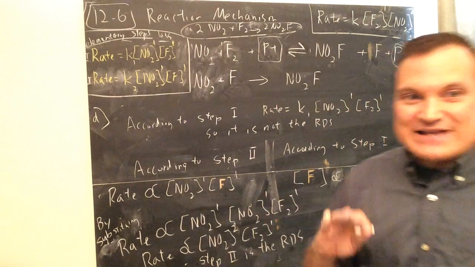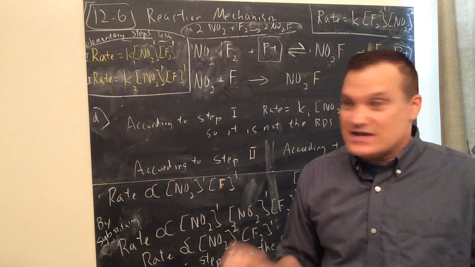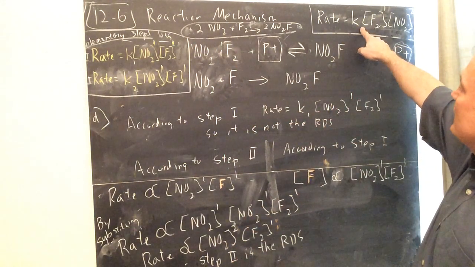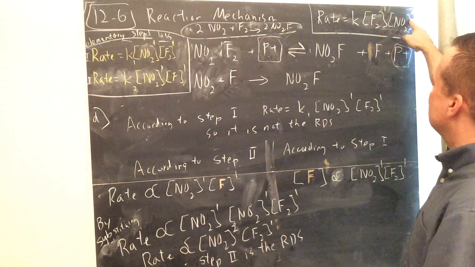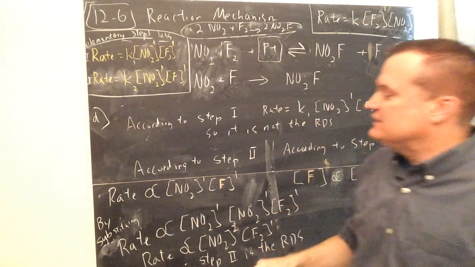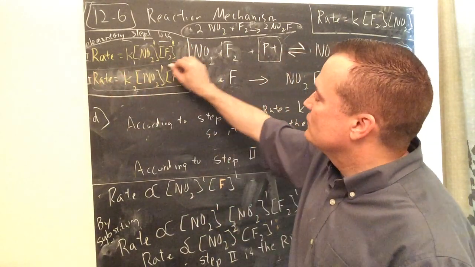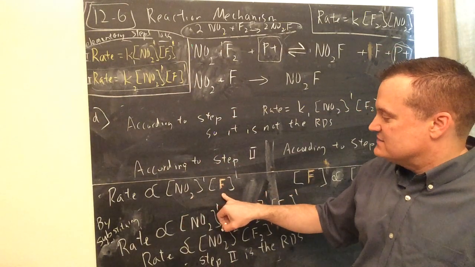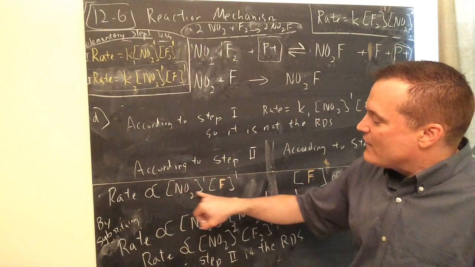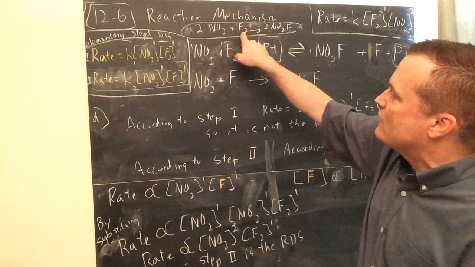And now here's the deal. So this is what I told you in the beginning. So is this an acceptable mechanism? Yes, it is. Because the overall rate law, F2 first order, NO2 second order, can be algebraically derived from the elementary rate law of step 2. The elementary rate law of step 2 tells you this. But now, the rate law has to have only the reactants of the overall reaction in it.